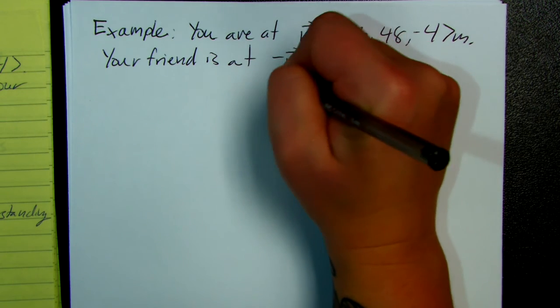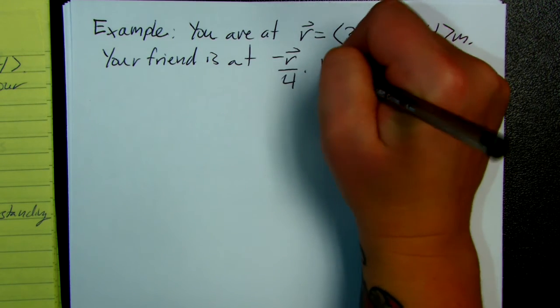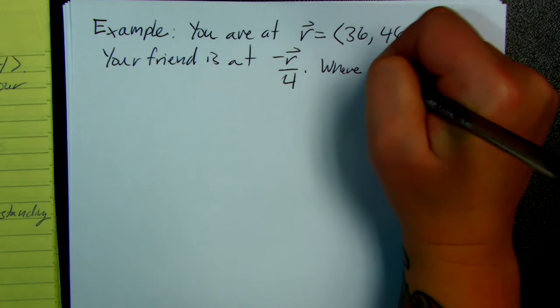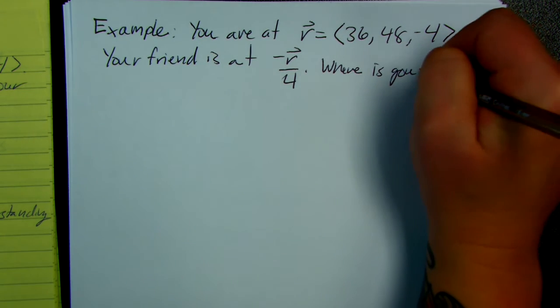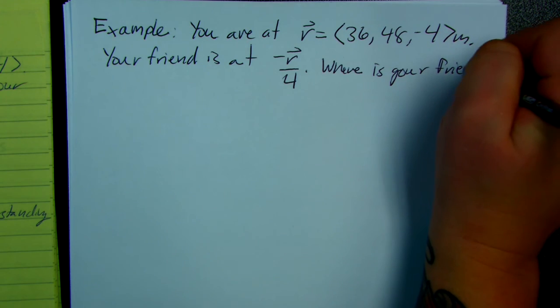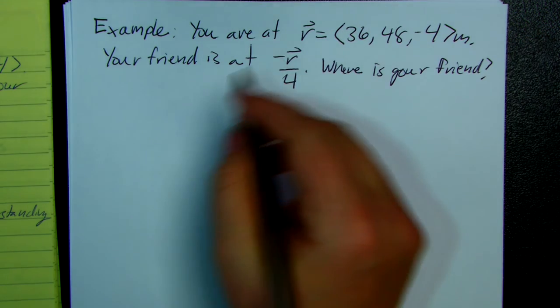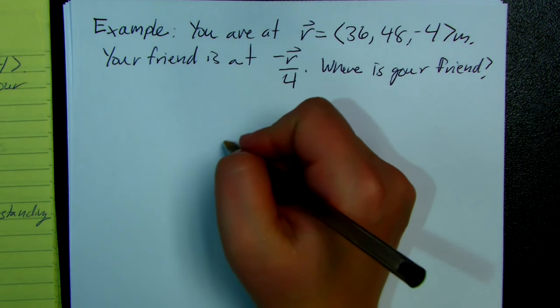Your friend is at minus r over 4. Where's your friend?